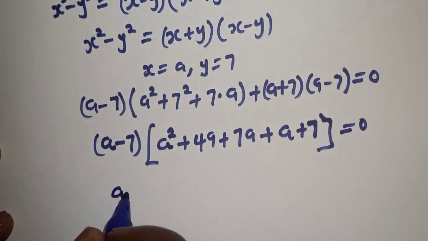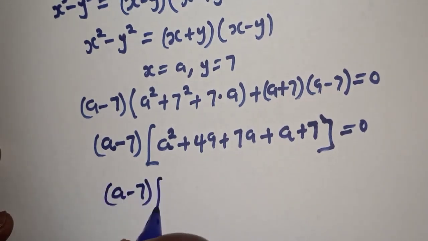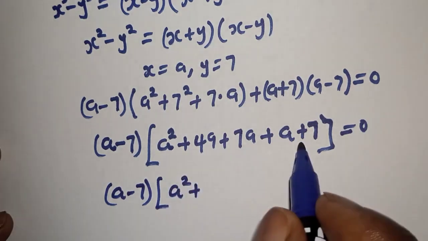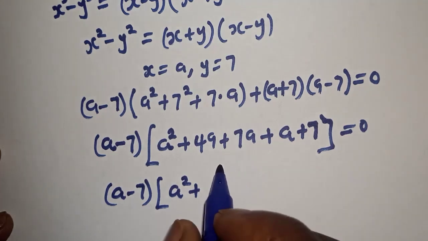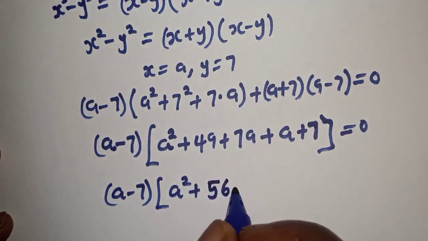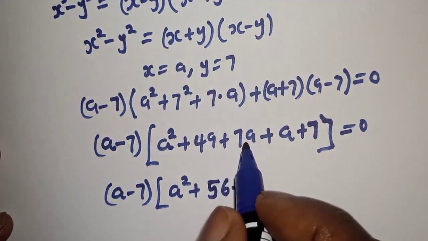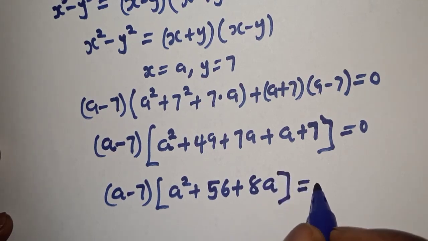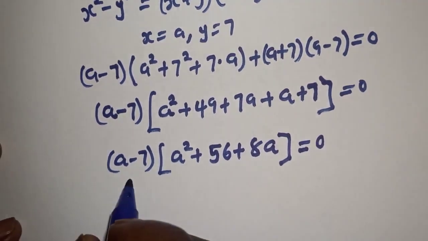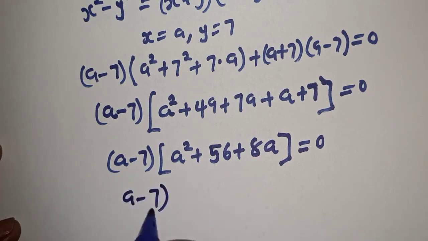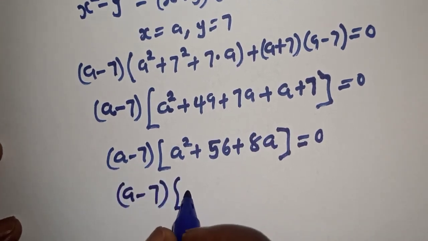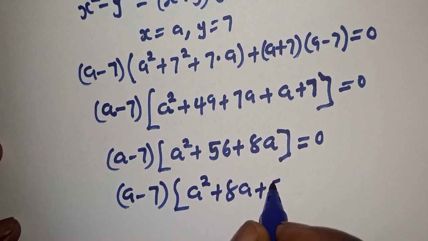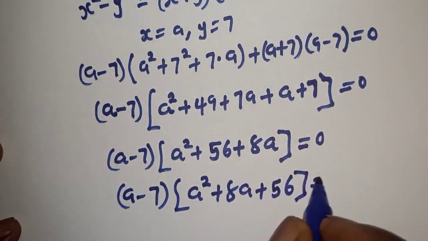This is a minus 7 multiplied by a square plus 49 plus 7, that is 56, plus 7a plus a, 8a is equal to 0. Then a minus 7 bracket a square plus 8a plus 56 is equal to 0.